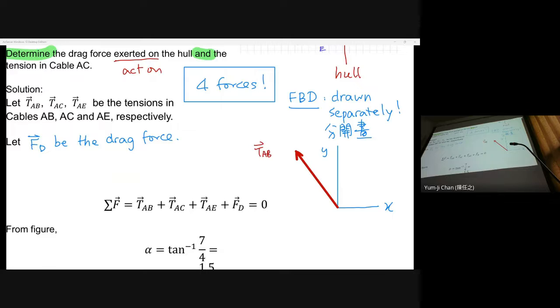TAB is 200 Newton, and we know the direction of TAB is alpha here. And then we have TAC here, right? Do we know how large TAC is? Do we know? So TAC we just leave as it is, and then we know the angle is beta.